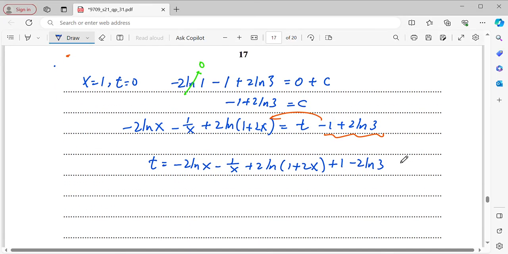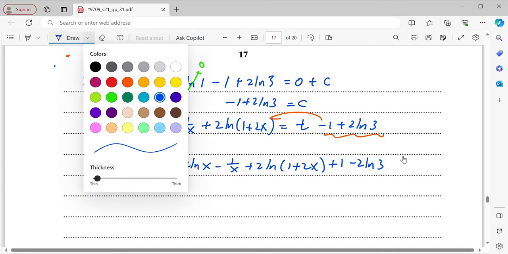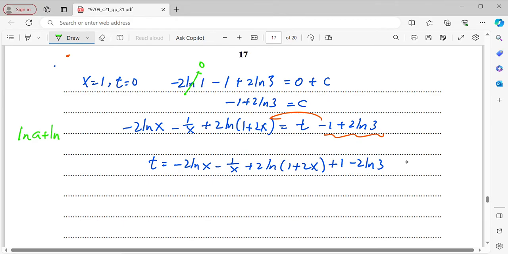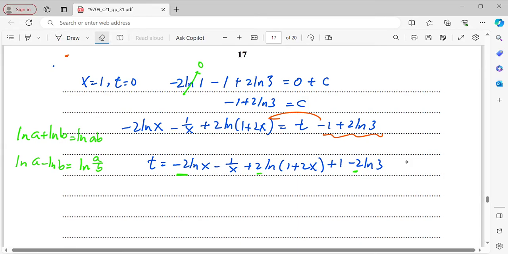And try to simplify. We have a formula here. ln A plus ln B is ln AB. And ln A minus ln B is ln A over B. So you may look at here, 2, 2, 2. Factorize the 2 first. Then keep the minus outside. So I will write equals 2, then minus ln x plus ln 1 plus 2x, then minus ln 3.